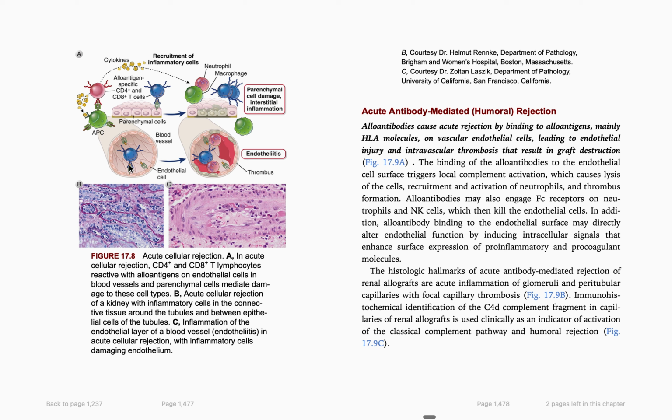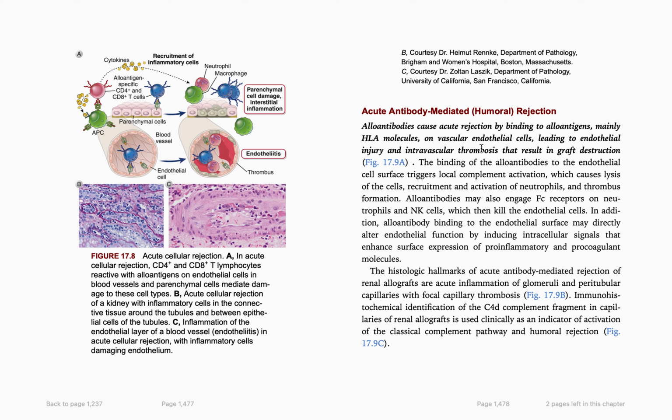The macrophages, the endothelial cells, you see they have activated these neutrophils. Think neutrophils: parenchymal cell damage, interstitial inflammation, neutrophils. These are macrophages. So the inflammation, as you see here.